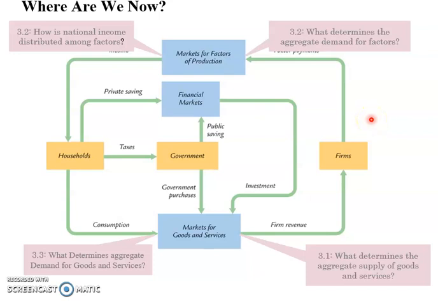Alright, before we step into section 3.4, let's look back and see what we have gone through. At the beginning of this chapter, we start with the aggregate supply for the goods and services.